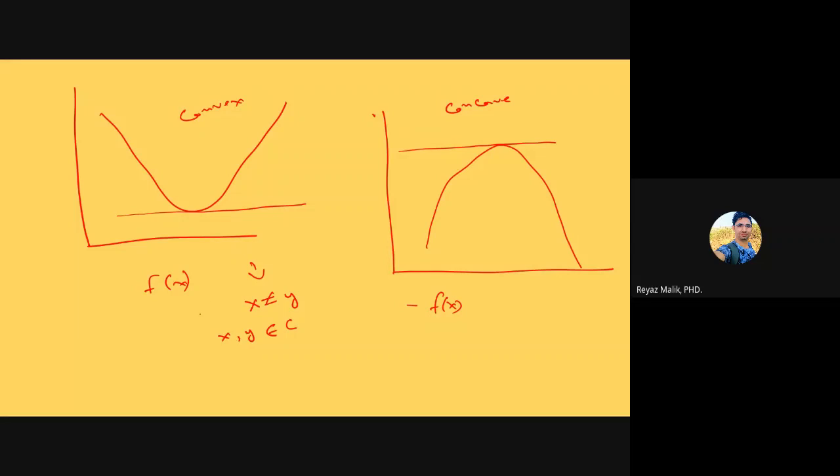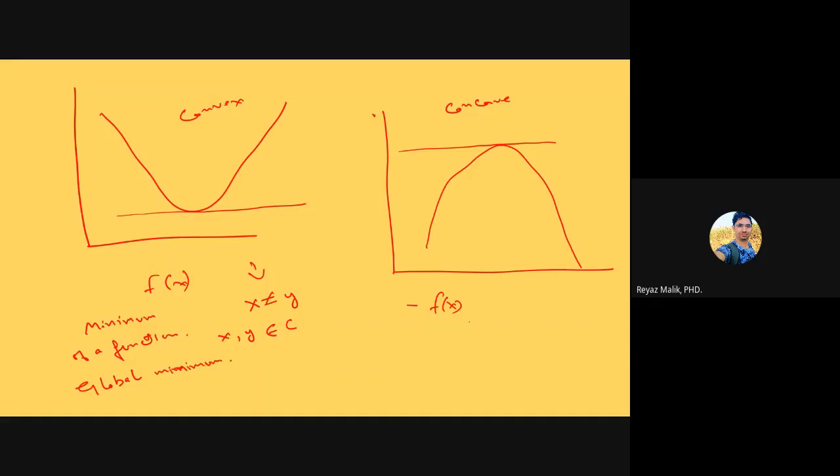Then what is the next interpretation? The convex set will tell us about the minimum of a function. That's why we are learning it here. That's why we are discussing the minimum of a function, or global minimum. Correct.